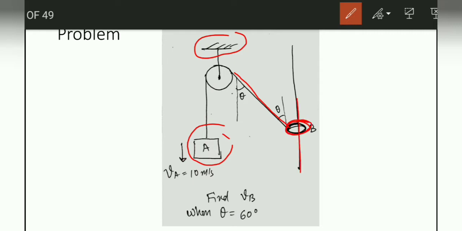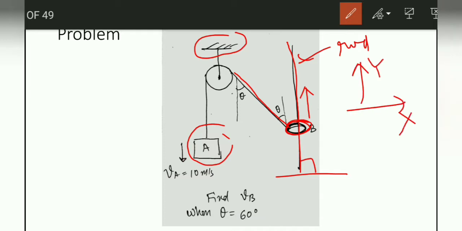That bead is attached to a rod. Say this is a rod, and this rod is perpendicular to the ground, and this bead is free to move only along the rod. That means only along the y-axis. Let's say this is the y-axis, and this is the x-axis.